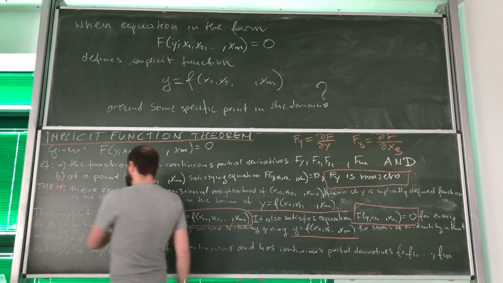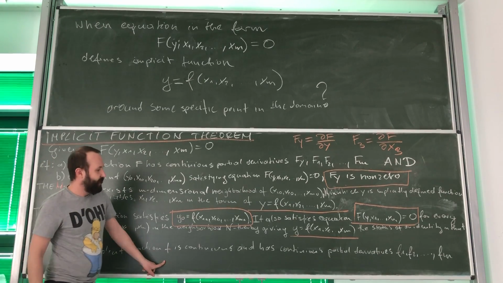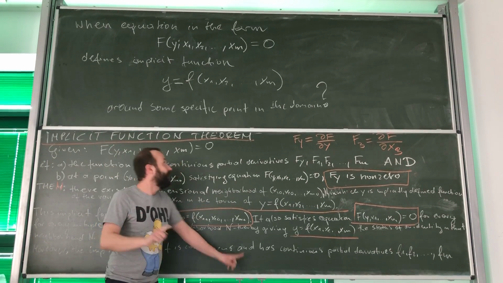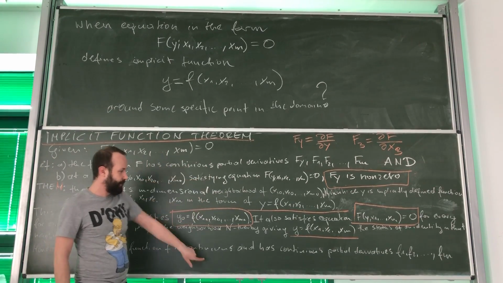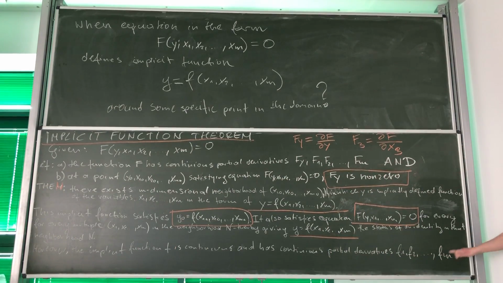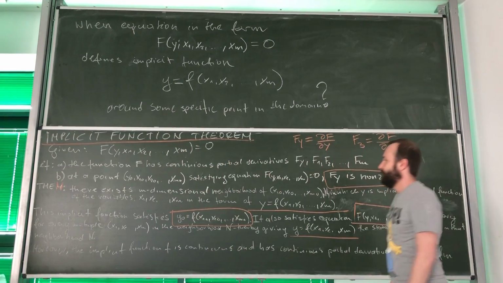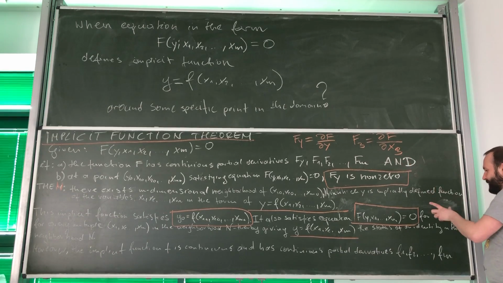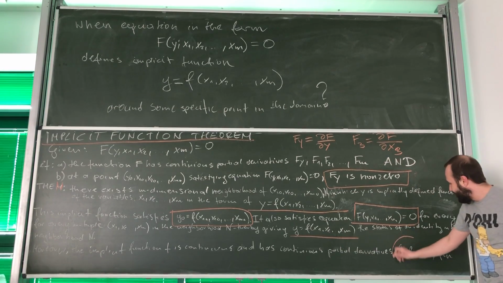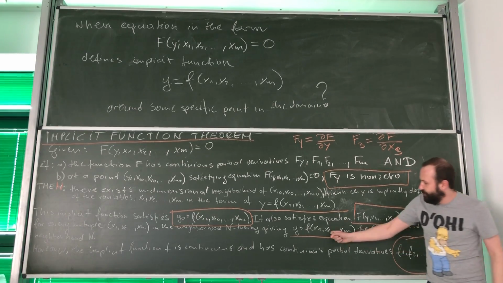in that neighborhood n. And moreover, the implicit function is continuous, assuming those conditions are fulfilled, and it has continuous partial derivatives. So we are going to use this function to calculate those derivatives, which are derivatives of this function.